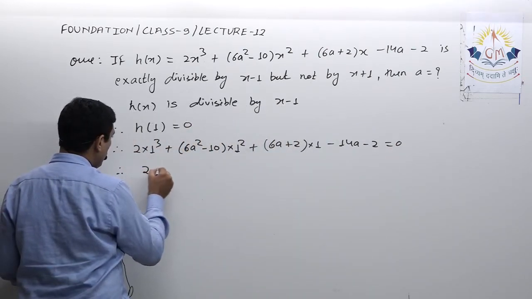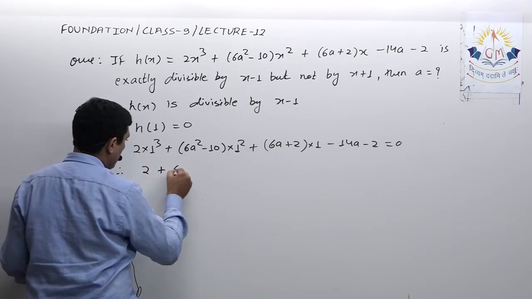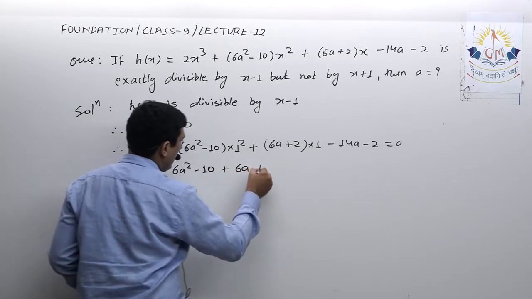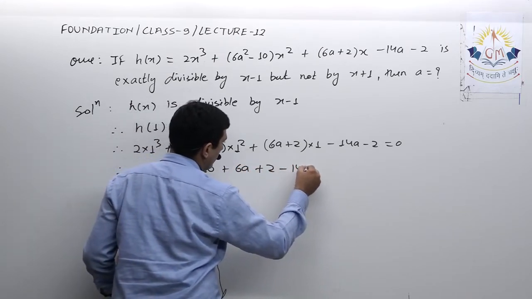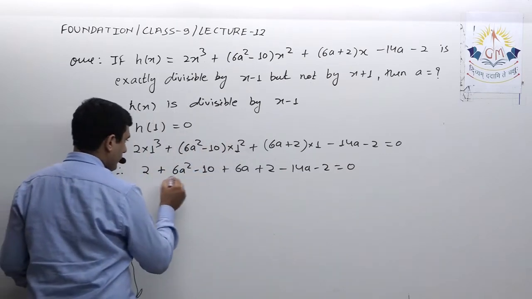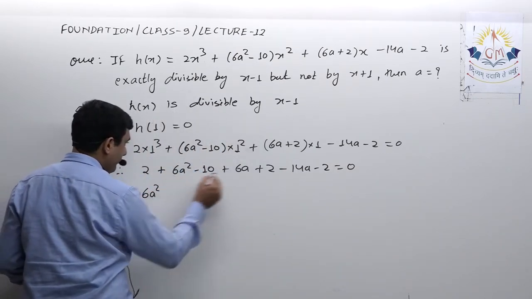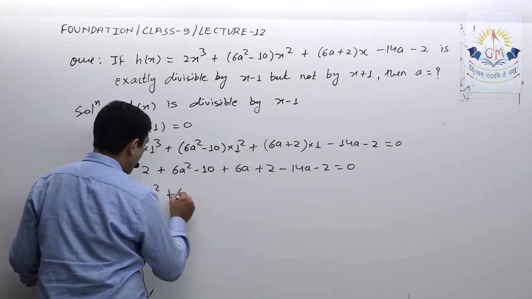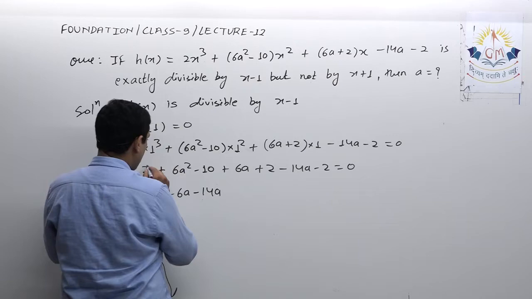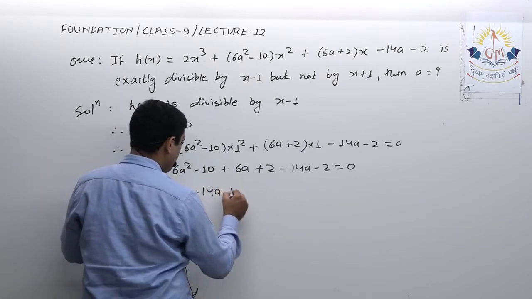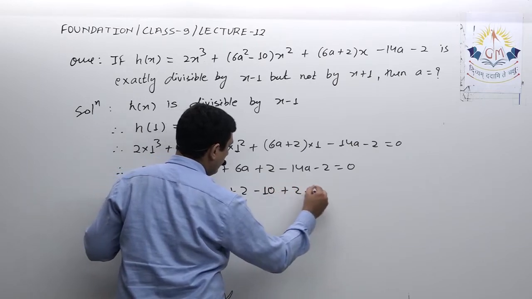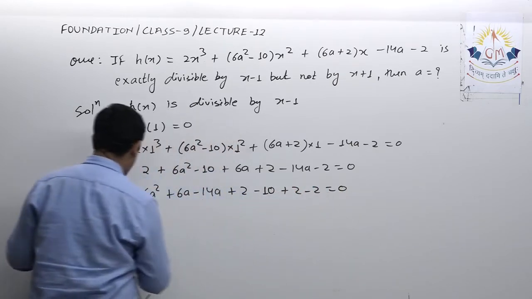So here you will get 2 plus 6a square minus 10 plus 6a plus 2 minus 14a minus 2 is equal to 0. So 6a square, then plus 6a minus 14a, then this plus 2 minus 10, again plus 2 minus 2 equal to 0.